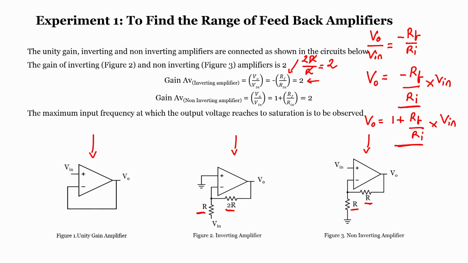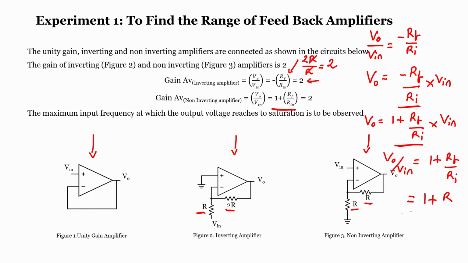Now, if you take the case of a non-inverting amplifier, our equation is VO equals 1 plus RF by Rin times Vin. So, VO by Vin equals 1 plus RF by Rin, this is the equation, correct. Now, if I substitute values, then 1 plus, what is RF?